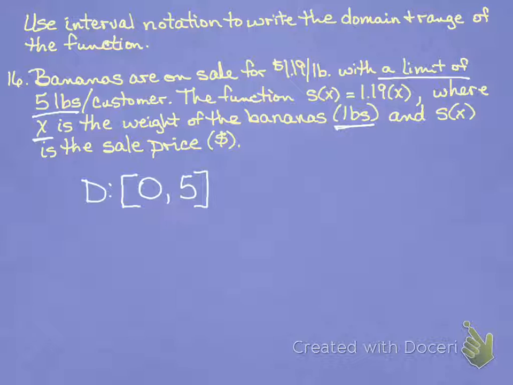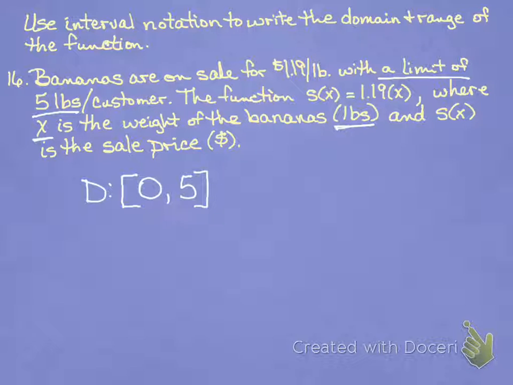It includes 0 pounds, so we use the square bracket, and it includes a full 5 pounds, so we use the square bracket on that side as well.